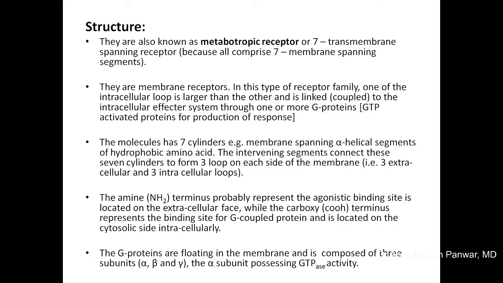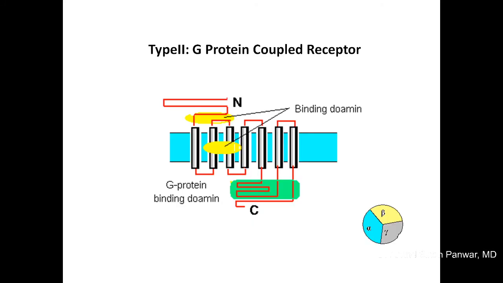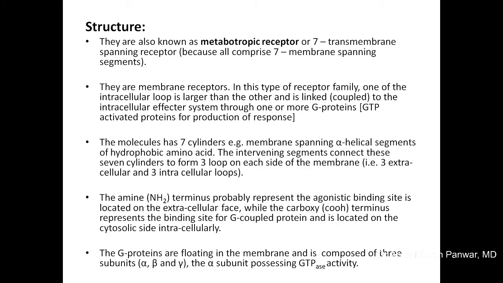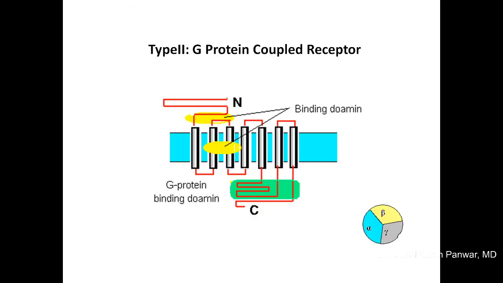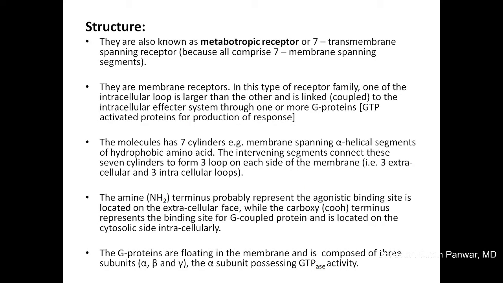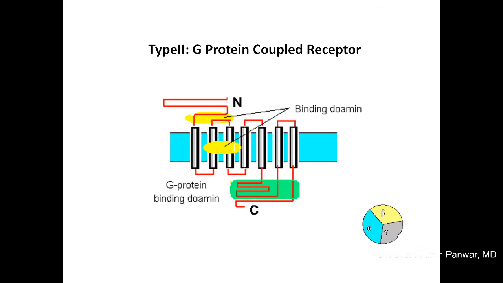Regarding its structure, they are also known as metabotropic receptors or 7 transmembrane spanning receptors, because all comprise 7 membrane spanning segments, as you see in the diagram. They are membrane receptors. In this receptor family, one of the intracellular loops is longer than the others and is coupled to the intracellular effector system through one or more G proteins, that is GTP activated proteins, for the production of response.